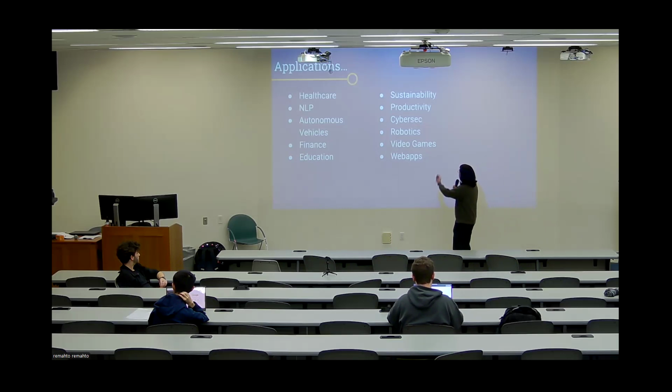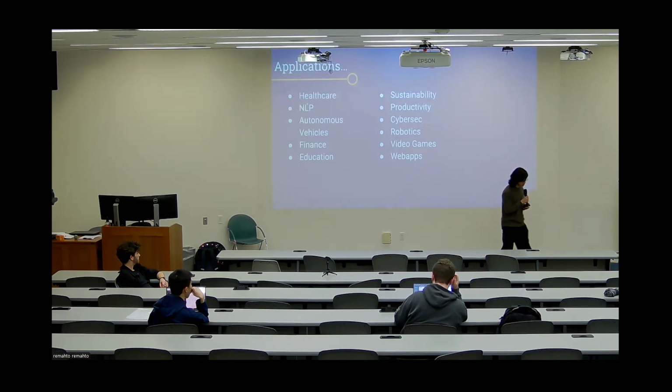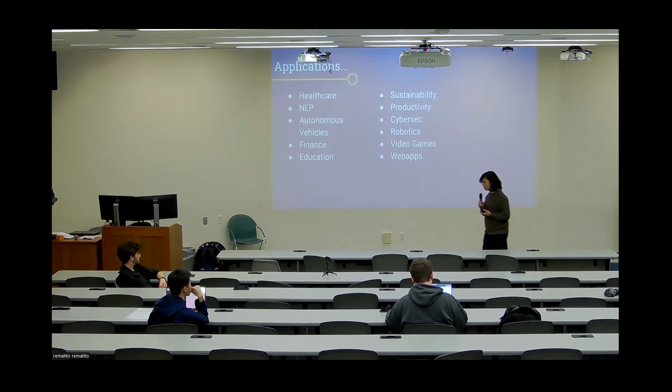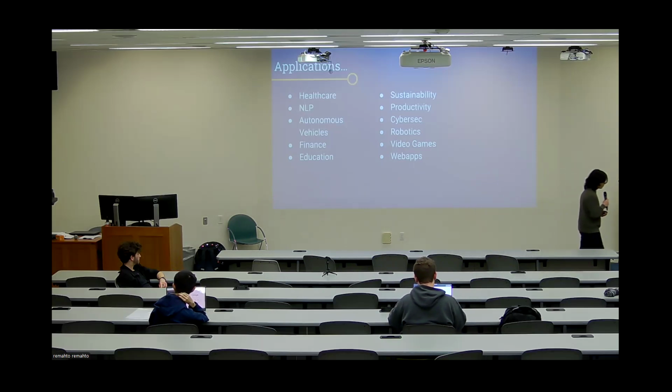Who knows, right? Or sustainability, or something related to energy. How can we better allocate energy use? Or perhaps productivity. If you're really ambitious, you could put together an AI agent that automatically does things on your computer for you so you don't have to if you don't feel like it. I've seen examples of those before. They're pretty cool. So all you really need to do is hone in on something you like, find an idea that you like, and make sure that you have enough data, and then you can probably get started.